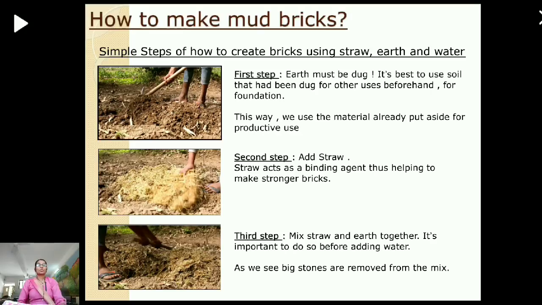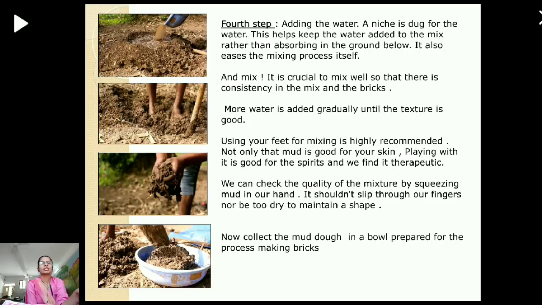Water has to be added to it. To add water, we first mix the straw and the mud very nicely, and the big stones are removed from the mix. While adding the water, we should not pour it directly on the mix. We make a simple hole from the mud gathered together, which we call a niche.